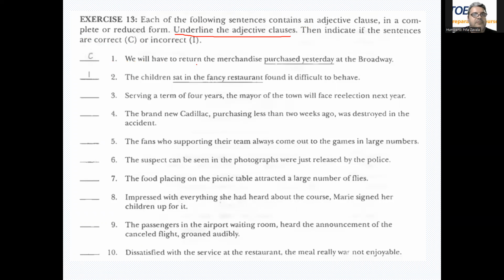Example number 1, we will have to return the merchandise purchased yesterday at Broadway. Okay, so the original form will be like "which was purchased yesterday at Broadway." So we eliminate the connector, subject, and we eliminate the verb be.